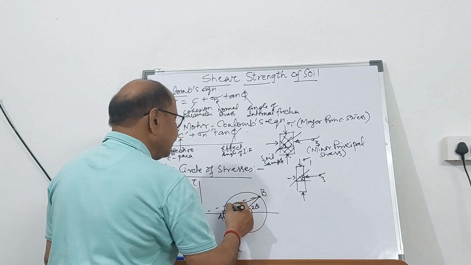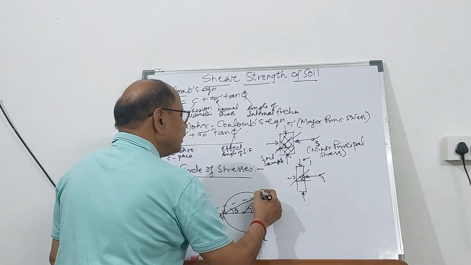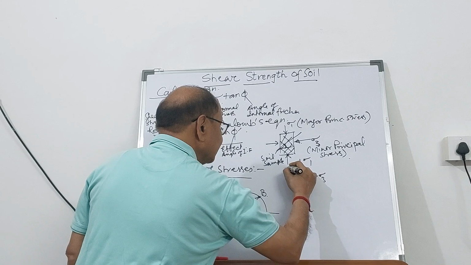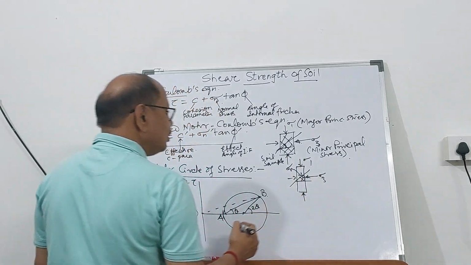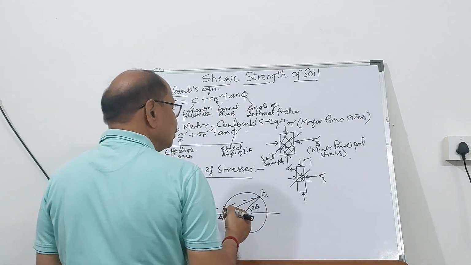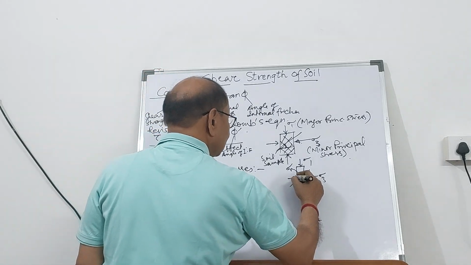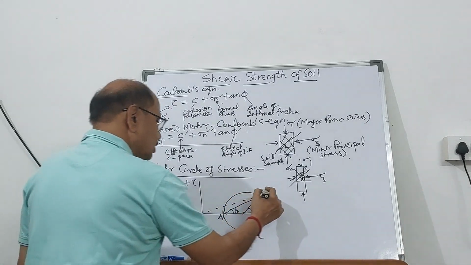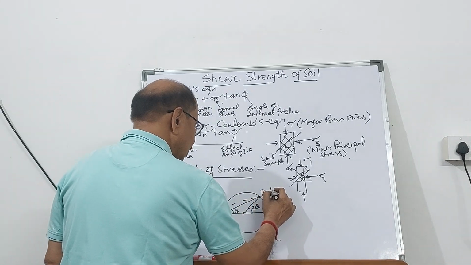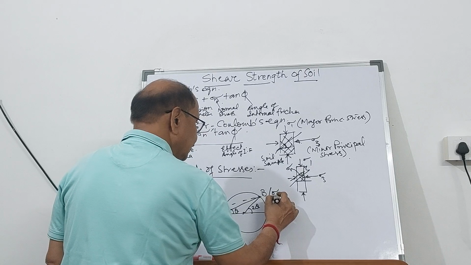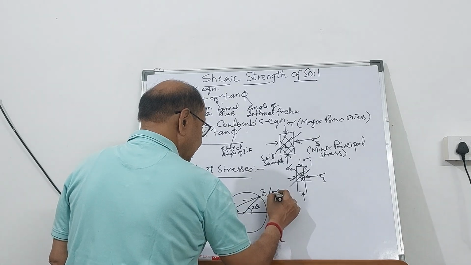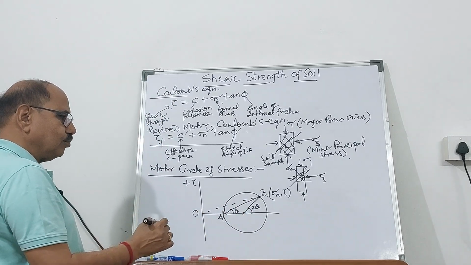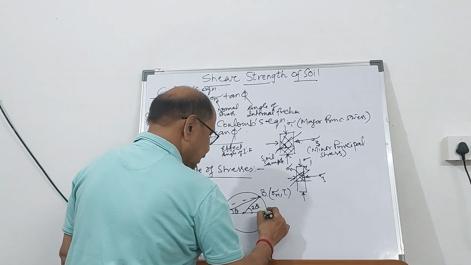This point B, this plane, is subjected to a normal stress, which is sigma n, and also to shearing stress, tau. So it has two components: the normal component, sigma n, and the other component, tau, the shear stress.